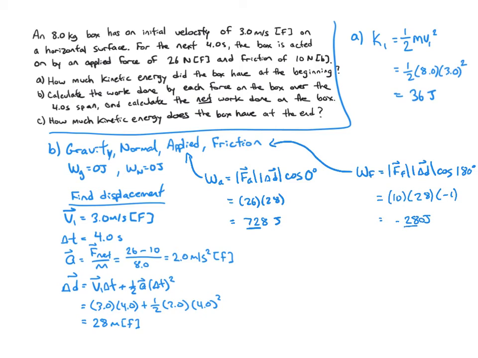So now I'm ready to get the net work. The net work stands for all of the works added together. So it's the work done by gravity plus the work done by normal plus the work done by the applied plus the work done by friction. So the two zeros for gravity and normal aren't going to play into this, but for the applied force, it's 728, and for friction, it's negative 280.